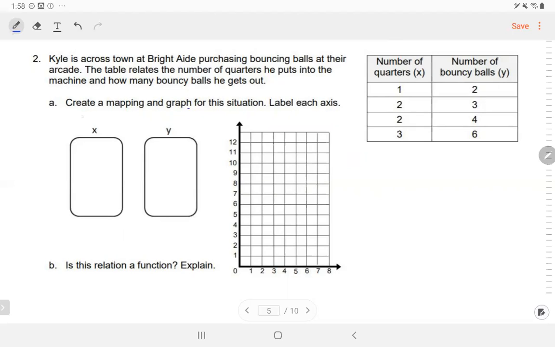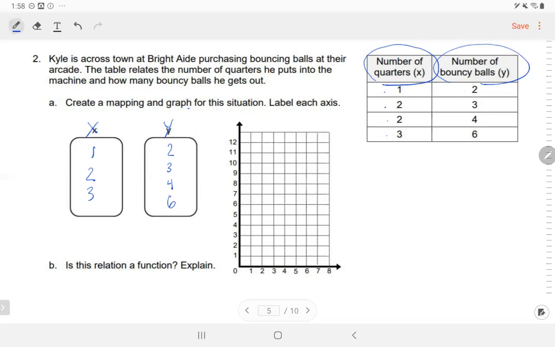And again, we're going to have the number of quarters as x, and the number of bouncy balls for y. So for number of quarters, I have the number 1, I have the number 2, and I have the number 3. I'm getting that from here. Here, these are both 2, and this is 3. For number of bouncy balls, I have 2, 3, 4, and 6.